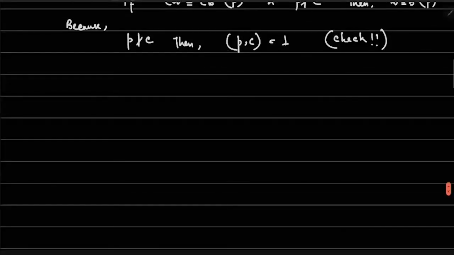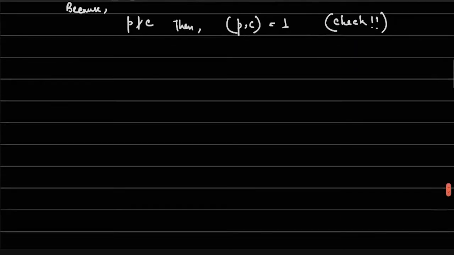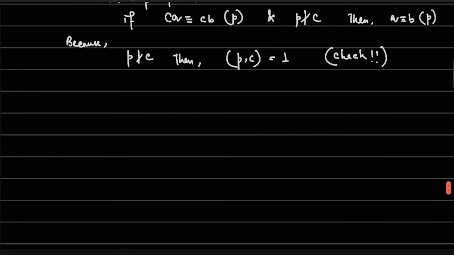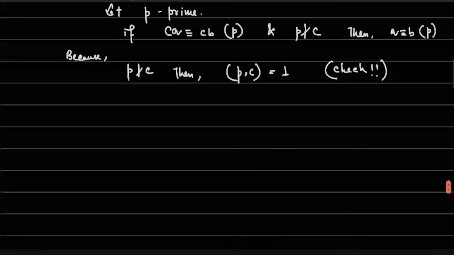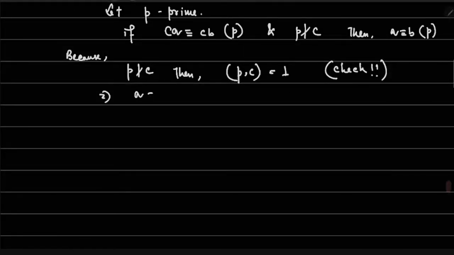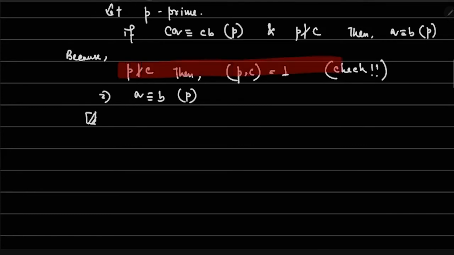If p is not dividing c, then p and c are relatively prime, co-prime to each other. If co-prime to each other, then from corollary 1 we have a is congruent to b mod p, and we are done. So in this proof, this statement was actually the key statement.